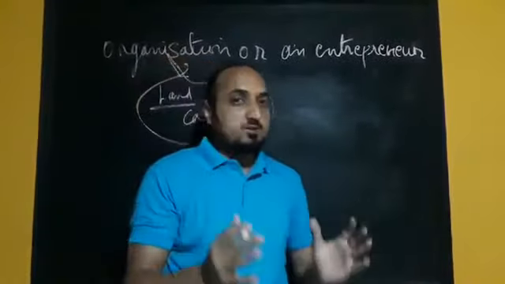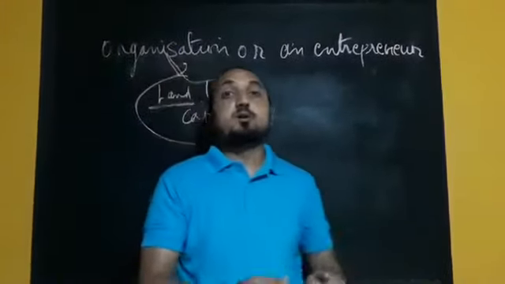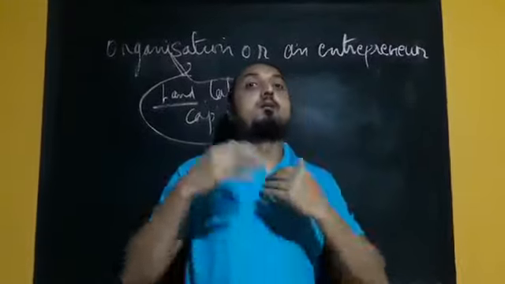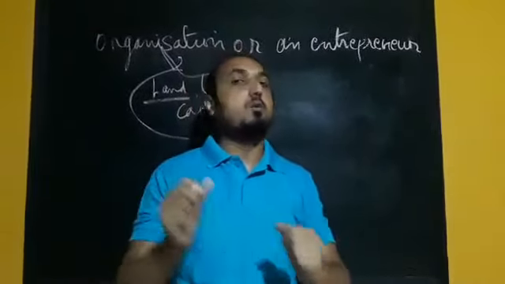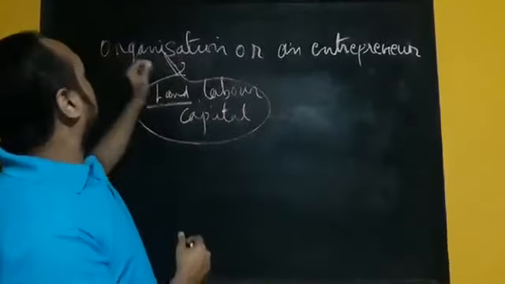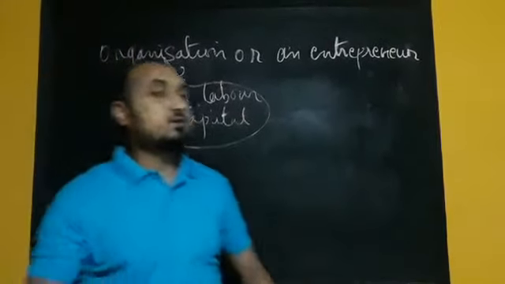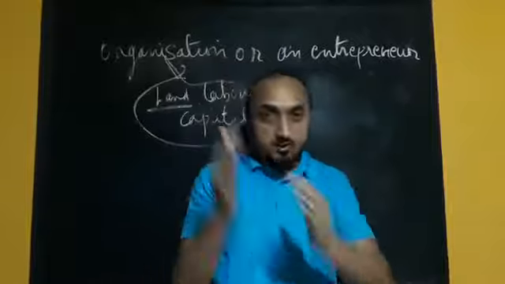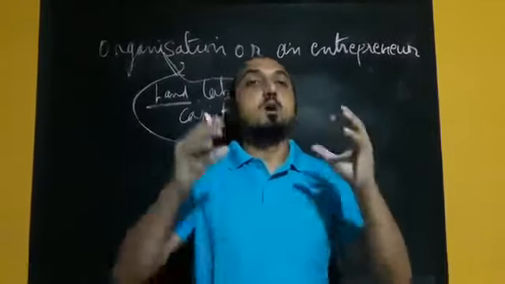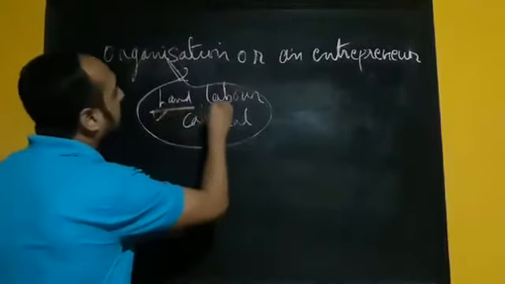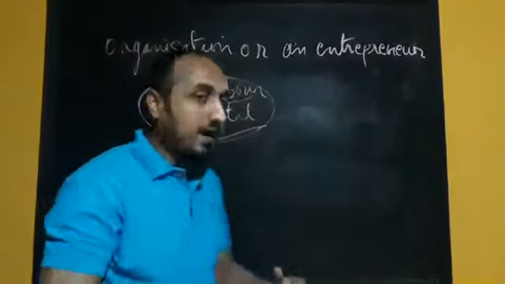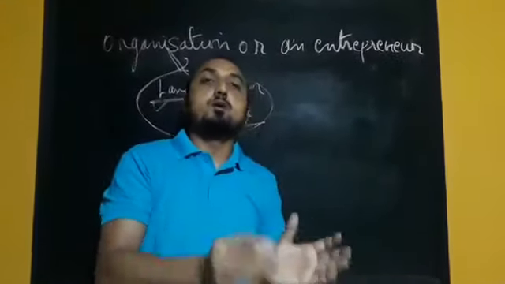Now, this organization or entrepreneur is the one who takes a risk in the business process. Once again, listen. I'll define this: an organization or an entrepreneur is the one who combines different factors of production like land, labor, capital and uses them in the production process.